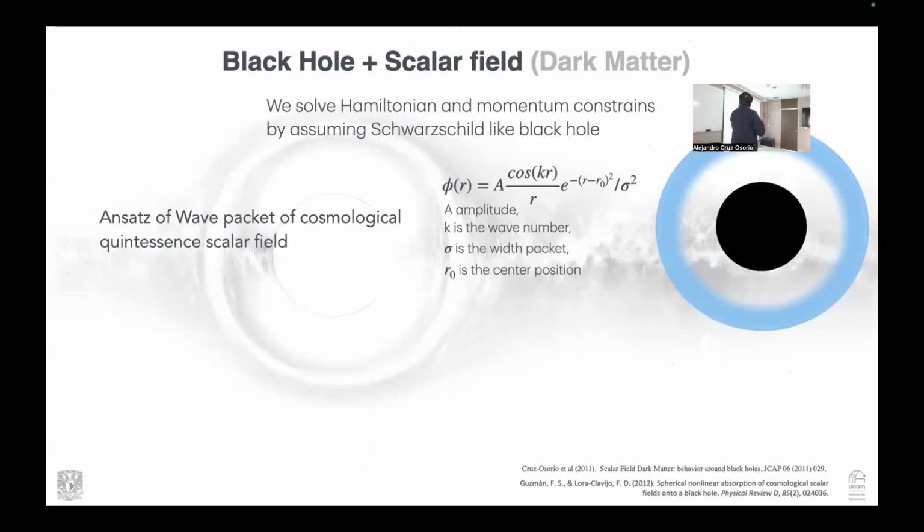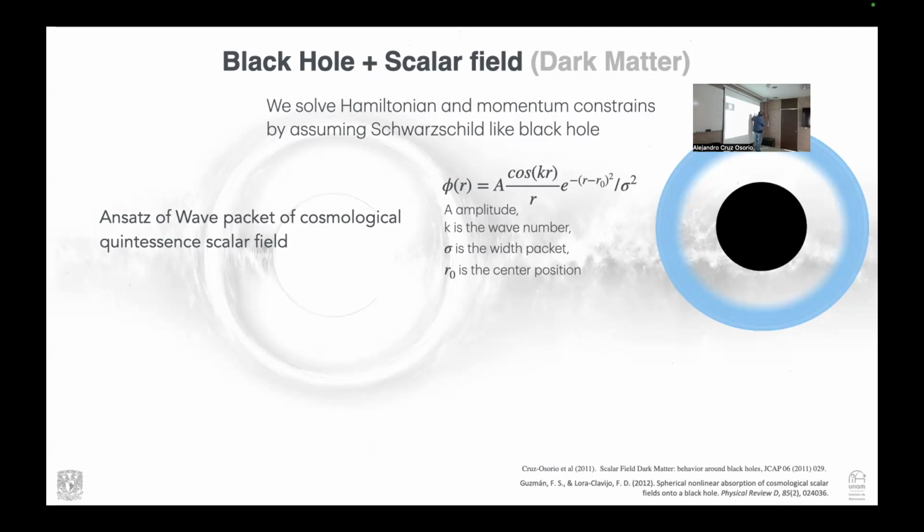Okay? Now, assuming that we have a spherical Schwarzschild space-time, we are proposing a profile for the scalar field. So this scalar field is a wave packet of scalar fields. We have to think of the physics in this way. We have a black hole in the center, a non-rotating black hole.